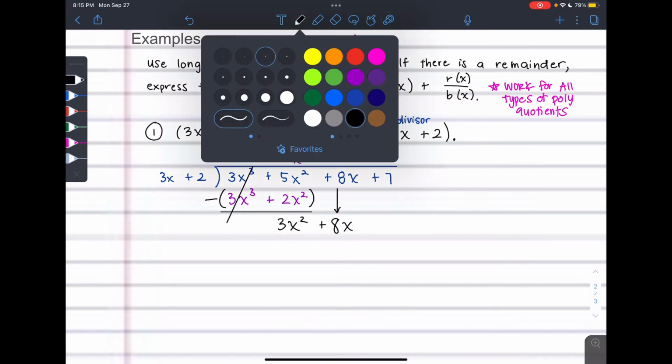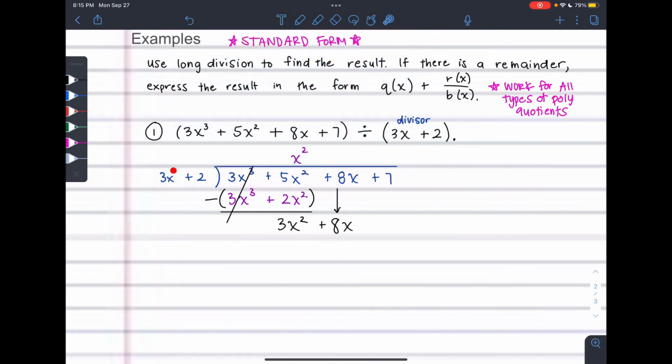Now we're going to compare 3x to 3x squared. 3x times x gives us 3x squared. So that x will go right here and multiply that x to each term in our divisor. X times 3x is 3x squared.